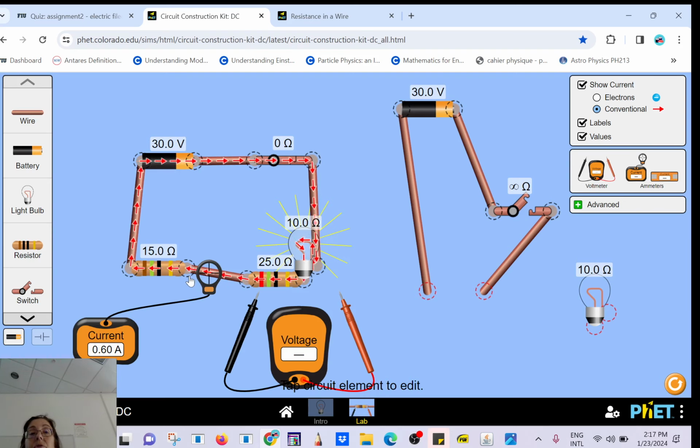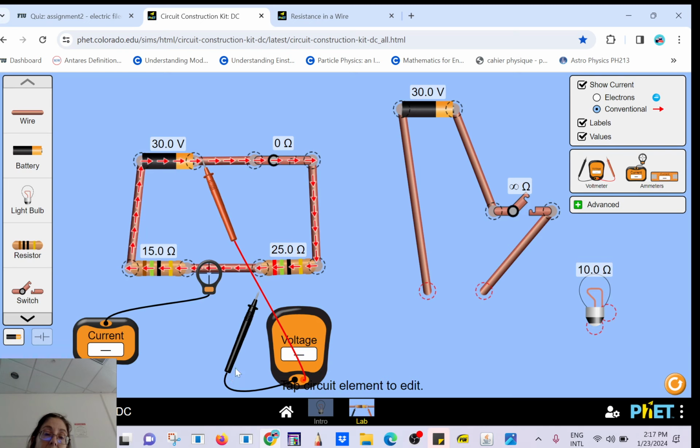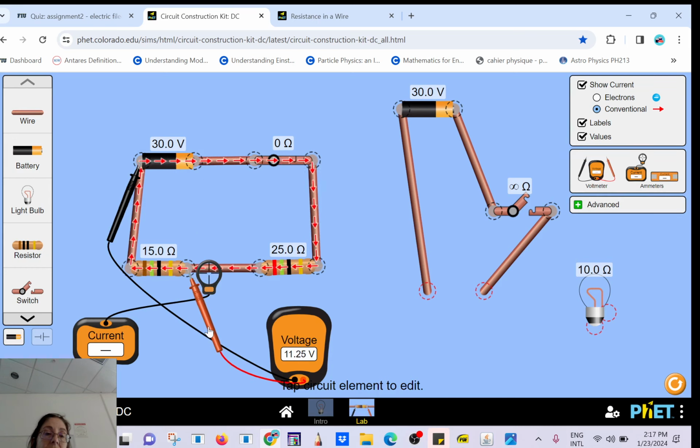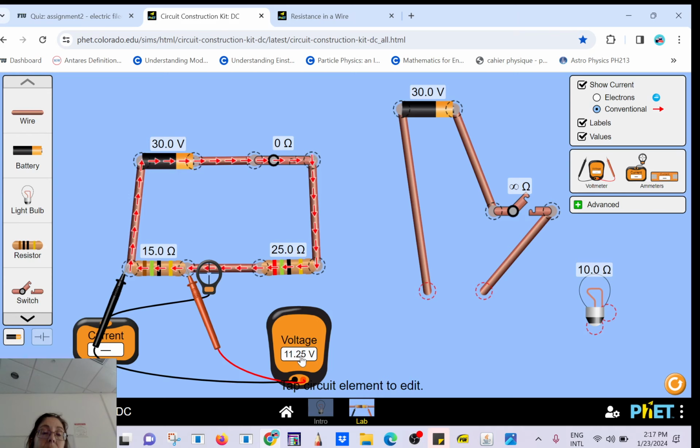Not only are you going to decrease the current, but you're going to decrease the voltage across the load, right? So we discussed that last time, I think. So let's look at the voltage drop. Across the battery, I'm going to have 30 volts. Across the 15, do you remember? It's going to be 11.25, yes?